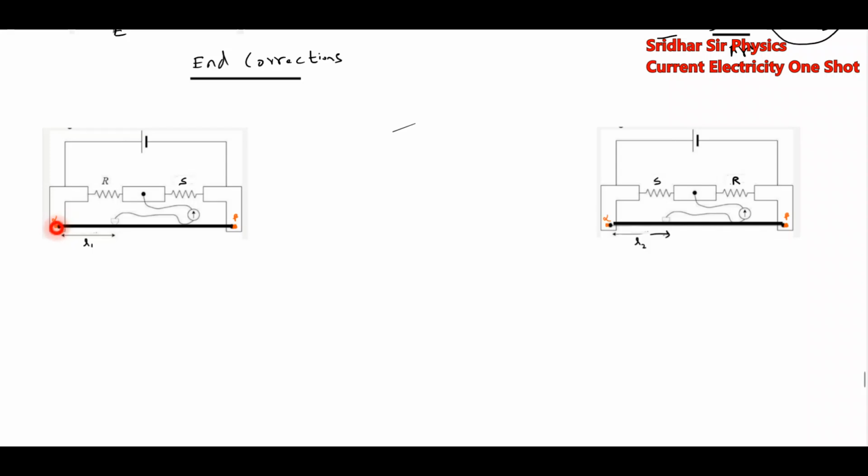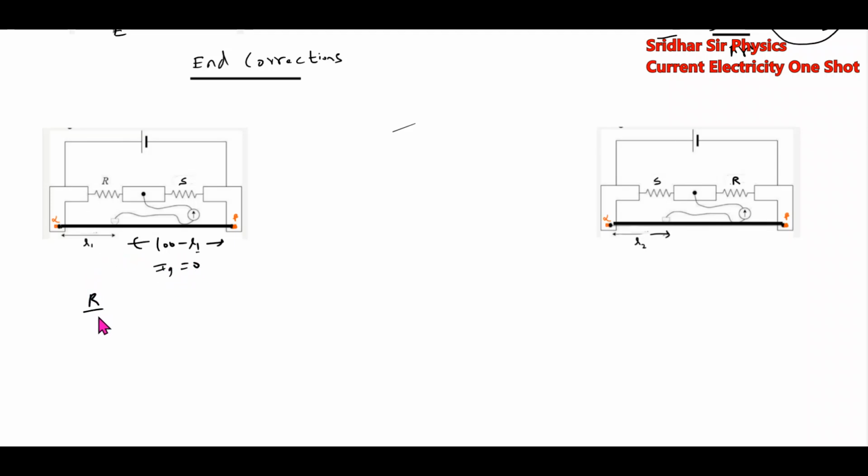So these are called end correction, because a part of the wire is used to make the connection, and that particular resistance also should be considered. For that purpose, we are bringing in the end correction, and the current through galvanometer will be 0. The strict condition: current through galvanometer will be 0.